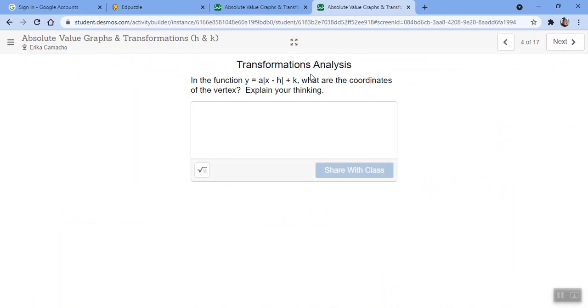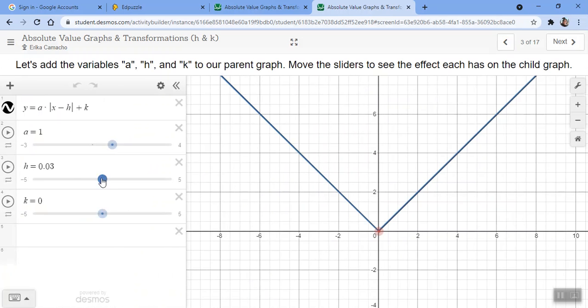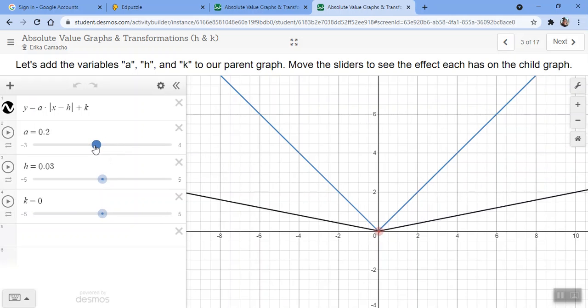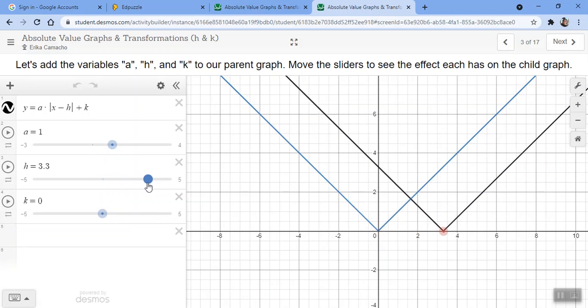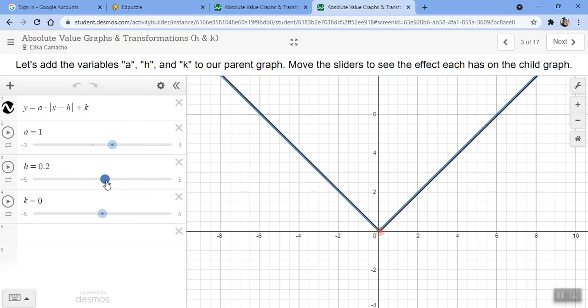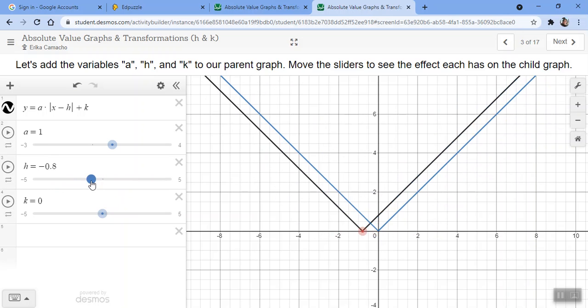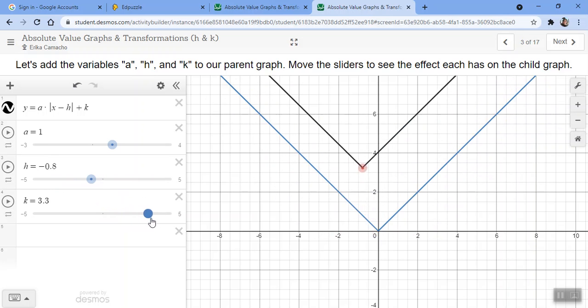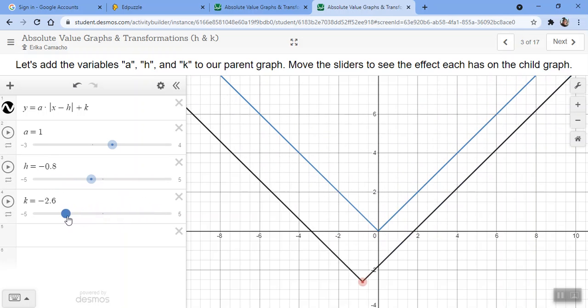Here it's asking what are the coordinates of the vertex? It's either a, h, or k. If I go back, I can see a doesn't move the vertex at all, so it can't be a. h moves the vertex either left or right, back and forth, and k either moves it up or down.